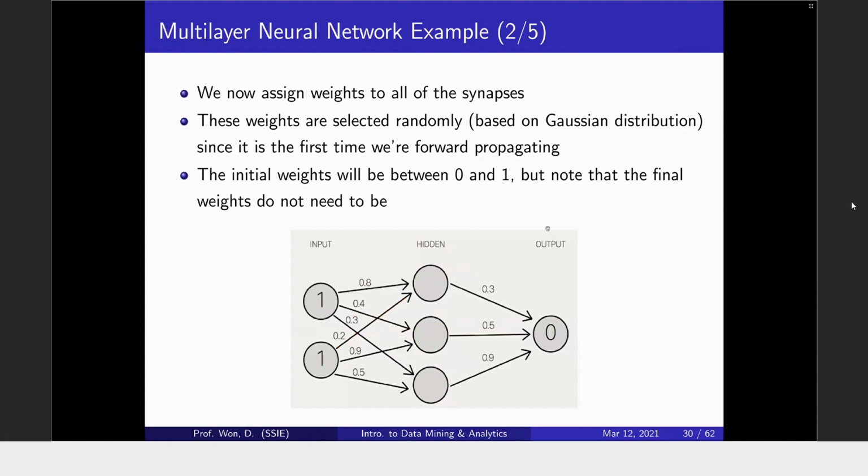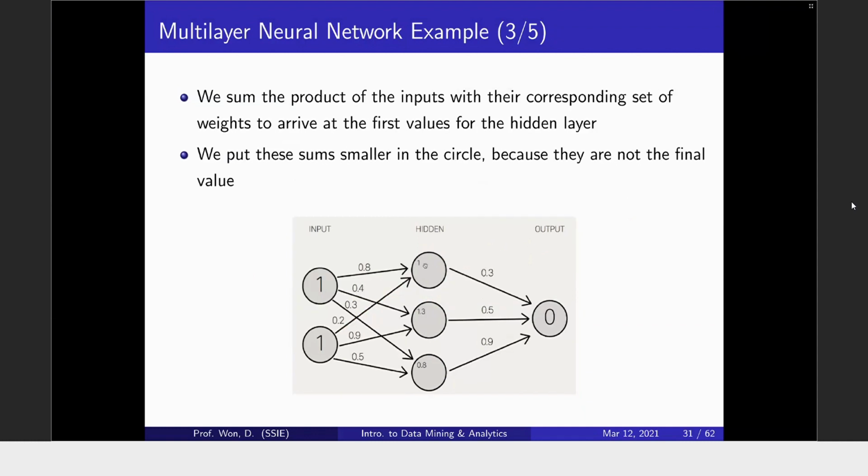Okay, great. So the actual ones here are 1, 1.3, 0.8. Using these 1, 1.3, 0.8, we're going to move to the next layer. So we put this sum into the circles.